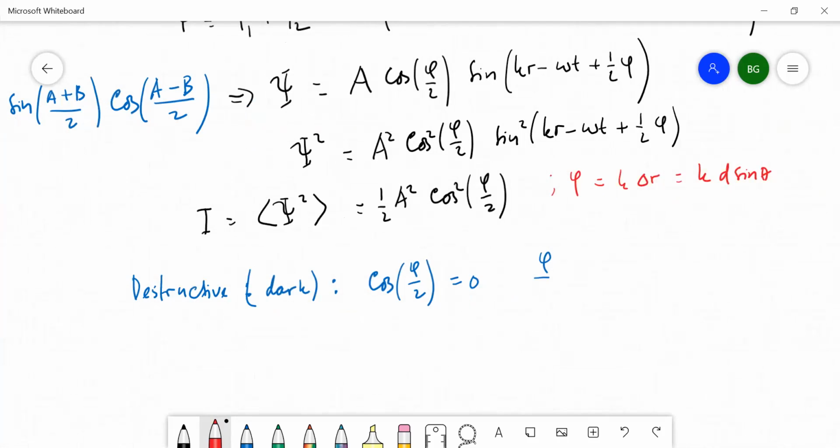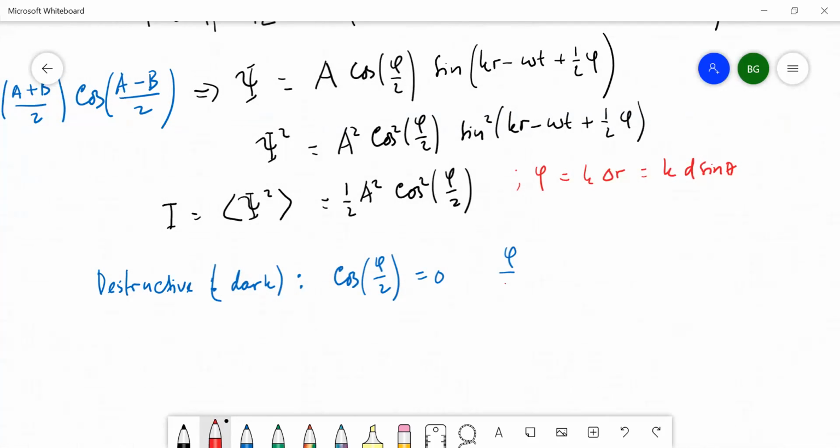So basically this should be (n plus half) pi, for n equals 0, 1, 2, etc.